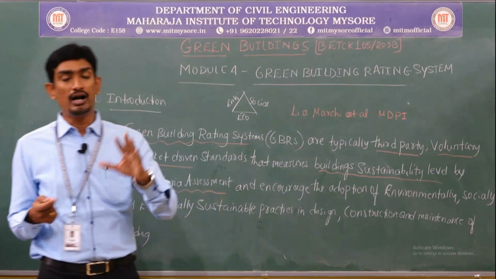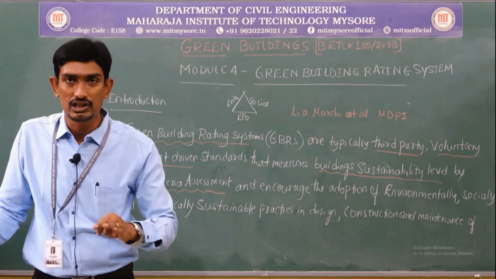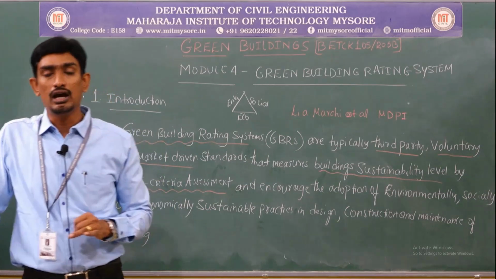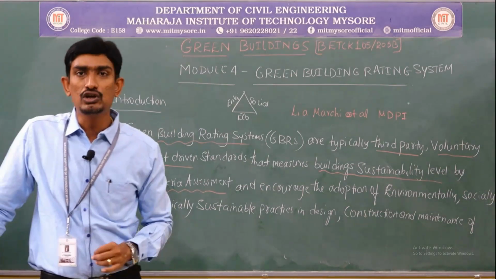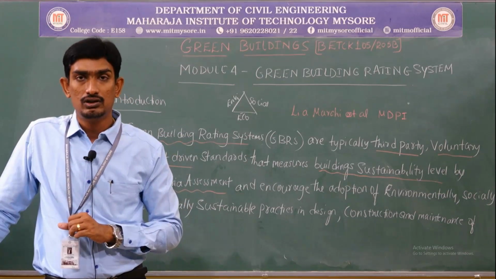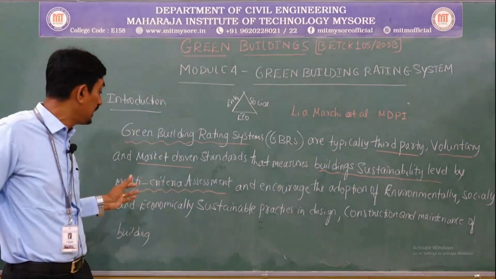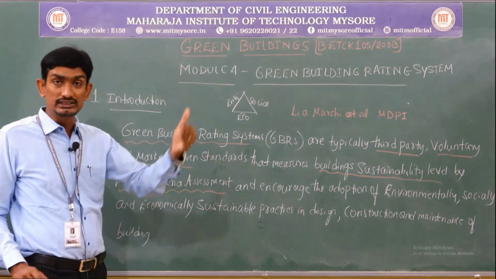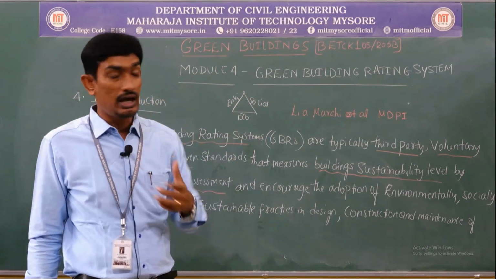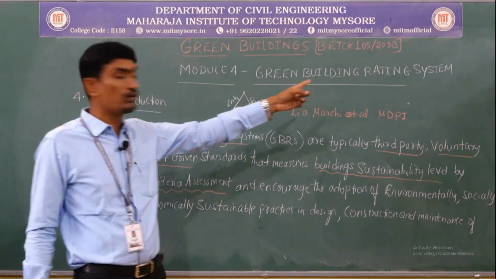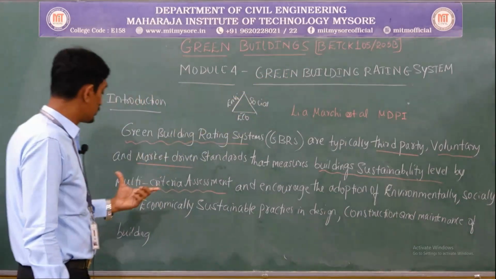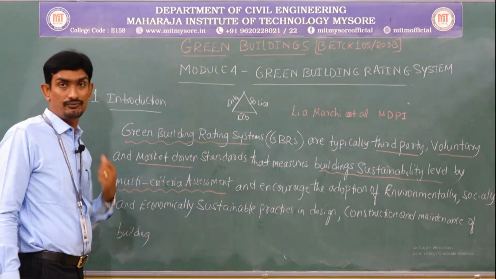That means apart from water efficiency and energy efficiency, how many natural resources you have conserved, how much fossil fuel has been used, how effectively you are handling the waste. All this is called multi-criteria. So all those things are criteria, whatever assessment or rating system I am going to do for the green building.